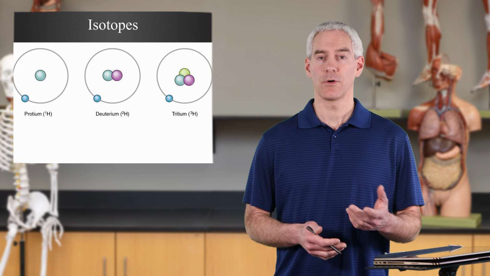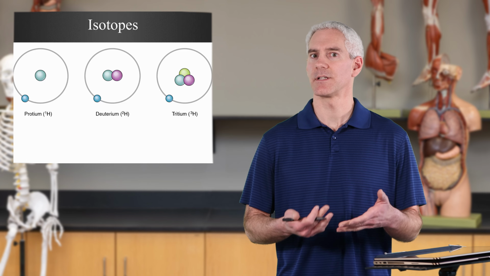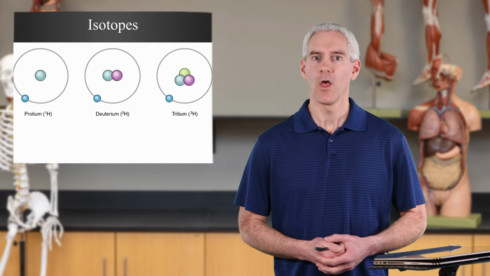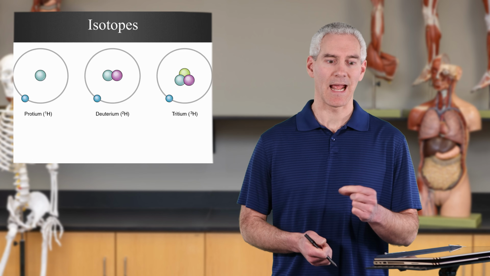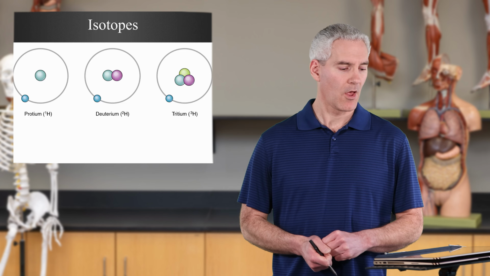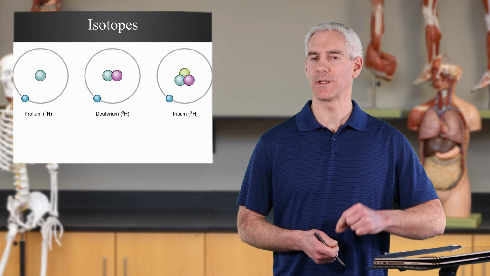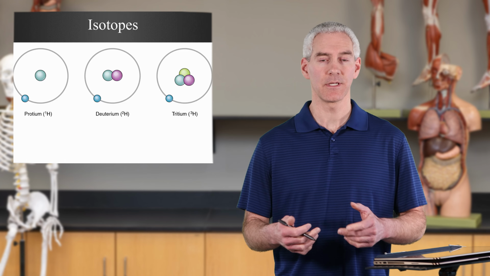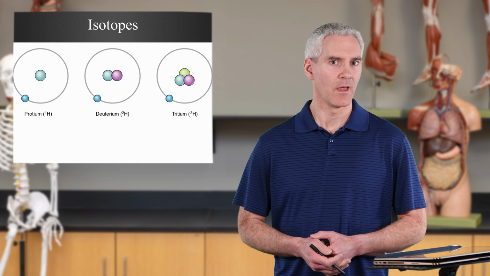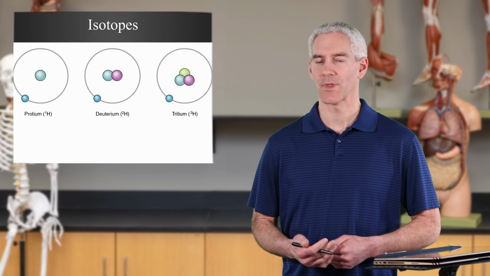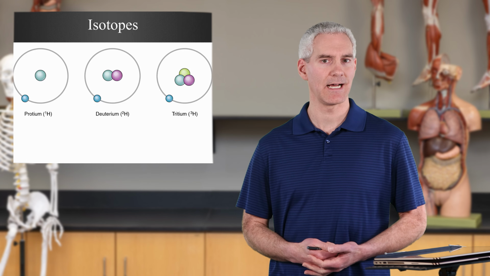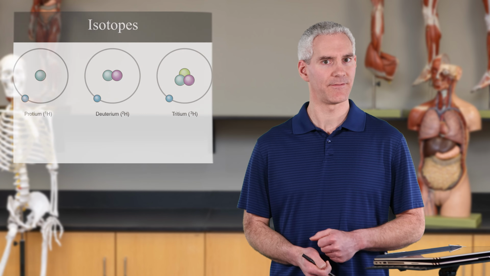The first one, protium, H1, is your standard stable hydrogen. But then you can move on to one that has 2, deuterium, and 3, tritium. By having those extra components in the nucleus, they become unstable, which means in the case of tritium, it's radioactive. It's going to try and break down because it's not stable in that configuration.